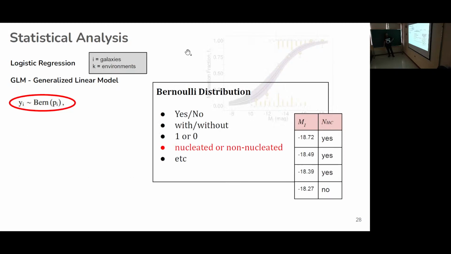So basically, we model our distribution of nucleation as a Bernoulli distribution, which deals with binary data, such as yes or no, with or without, 1 or 0, or in our case, nucleated or non-nucleated. In that small table, I'm showing an example of the data that we input into the model, which has one column with the absolute magnitudes in the I band, and the other a flag whether or not the galaxy is nucleated.